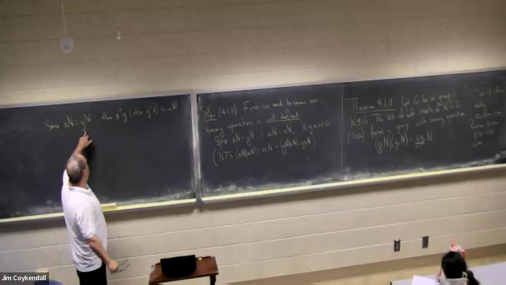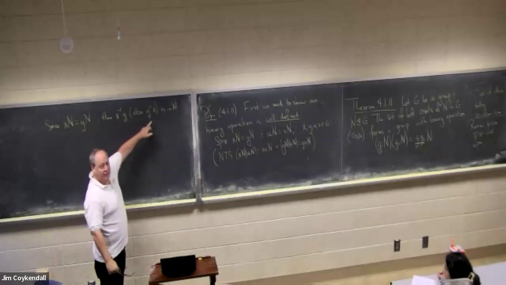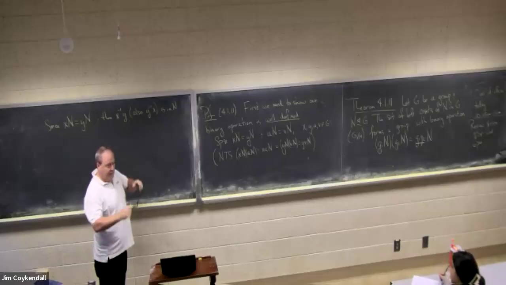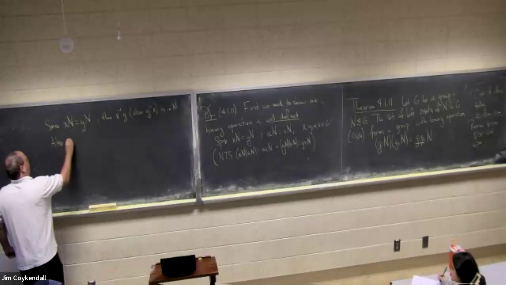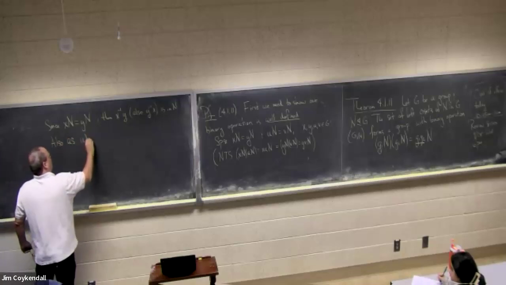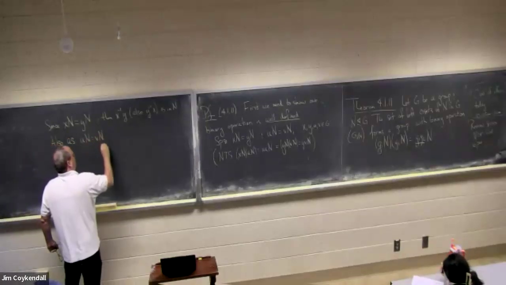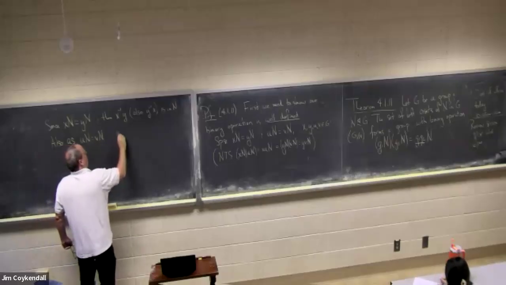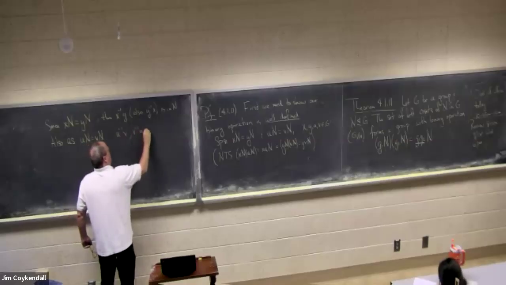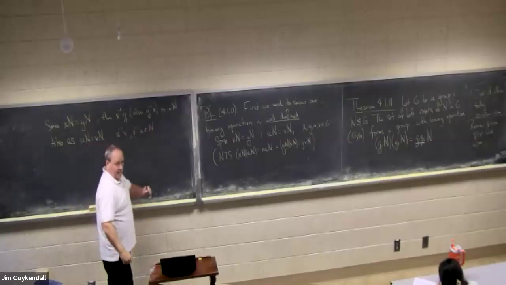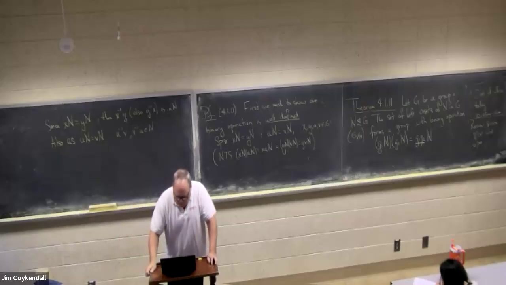The cosets being the same means that X inverse Y is in N. The same can be said of V inverse U, bring them in as well. Everybody okay with that?